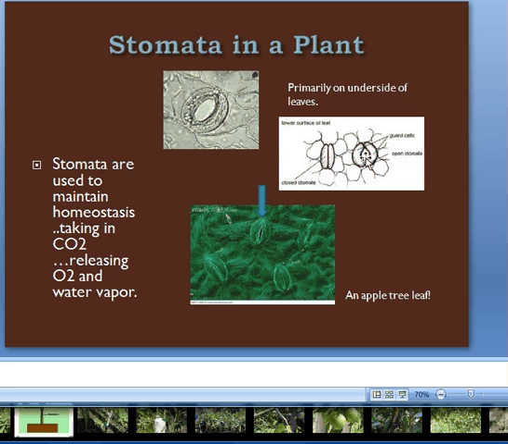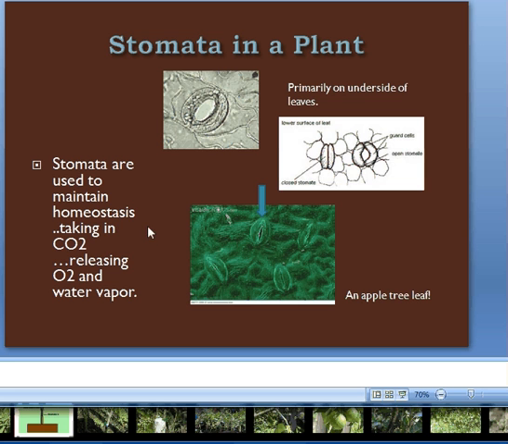Here the guard cells have closed up, but here it's open, giving an entrance from the underside of the leaf into the leaf. And here are some actual stomata from an apple tree leaf, and they're all over the bottom side of the leaf. This one looks like maybe they're just barely starting to open.